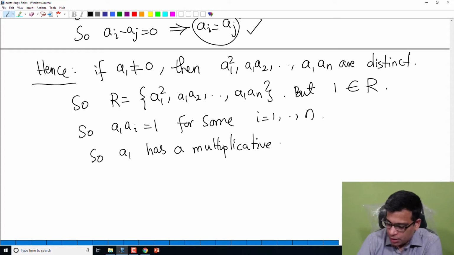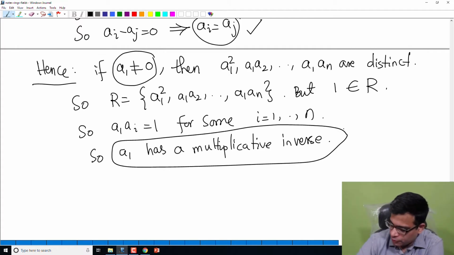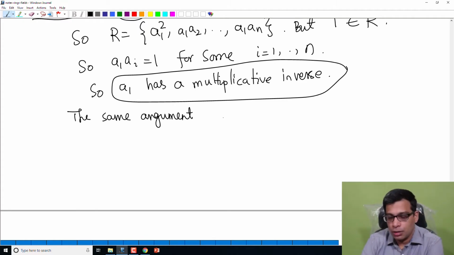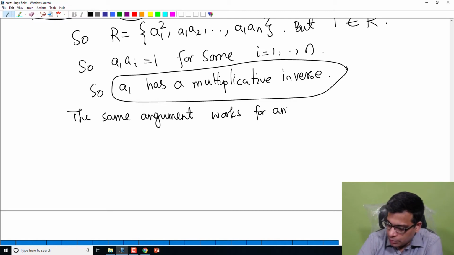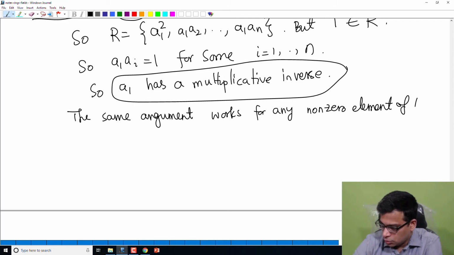So A1 has a multiplicative inverse. So as soon as A1 is non-zero, we are concluding that A1 has a multiplicative inverse. The same argument works for any non-zero element of R, right?